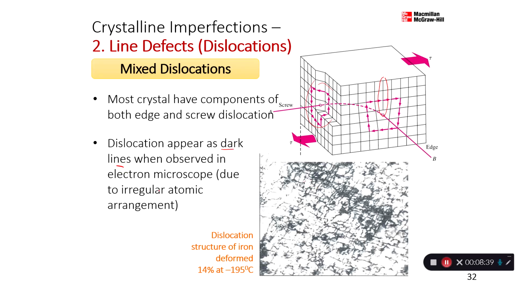Because of the irregular atomic arrangement. So it all comes down to how the atoms are arranged in the end. Okay, yes, you can see that it moves this way and that way, but it is all built of atoms in the end. Okay, so these are just the irregularities in the atomic arrangement that is causing a different shape.